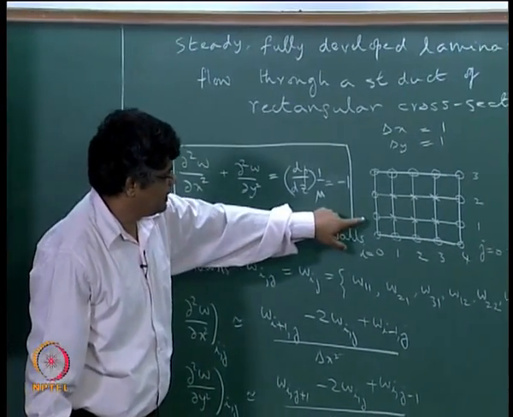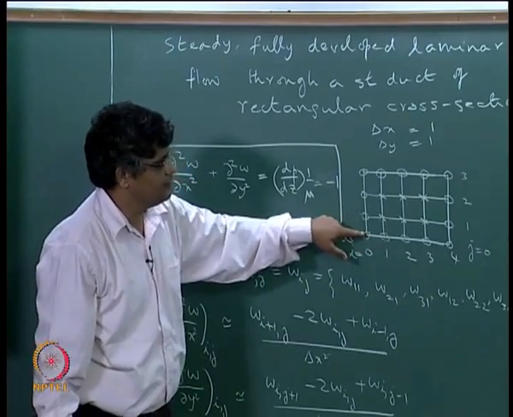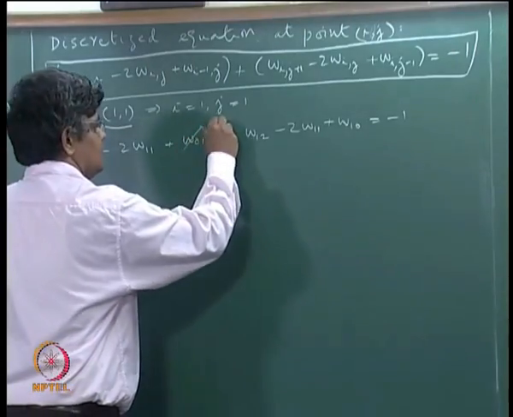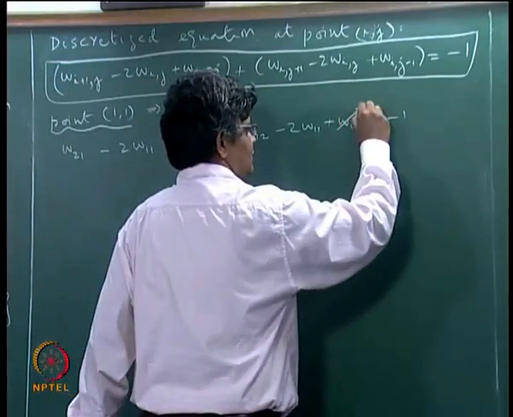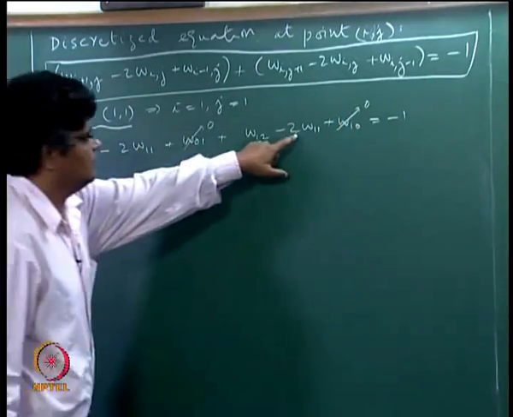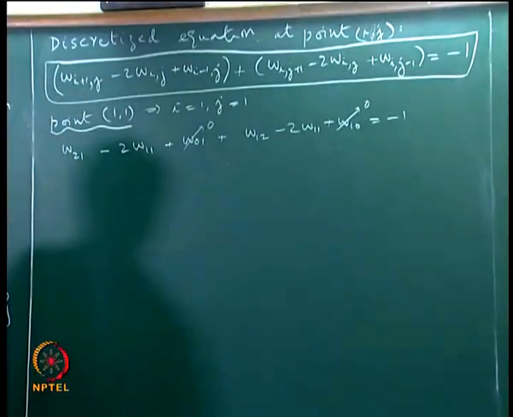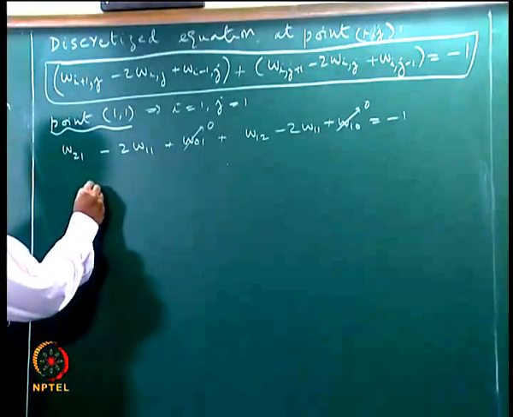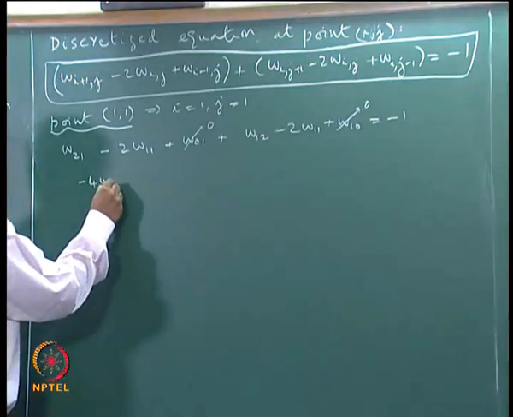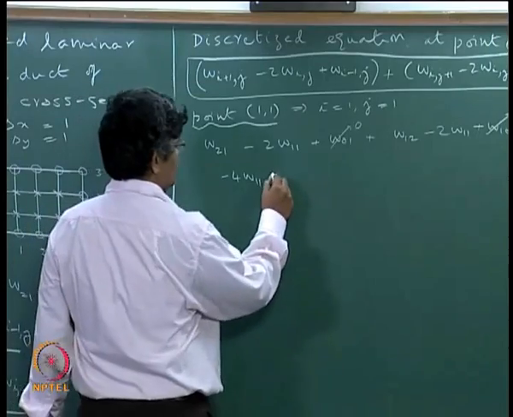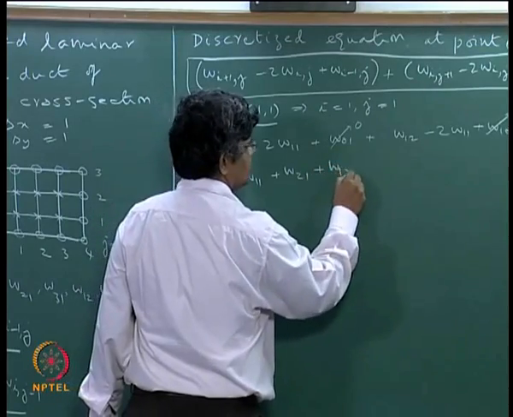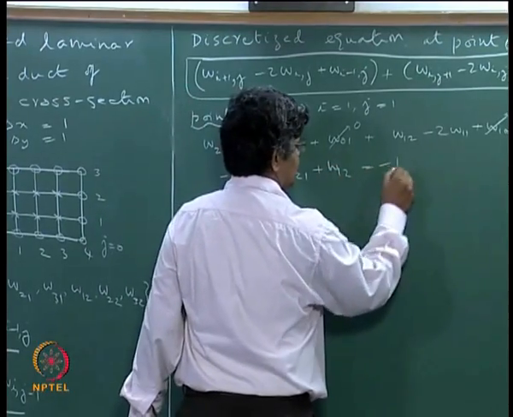So where we know the boundary value here, we can substitute this. So this is equal to 0 and this is equal to 0, and we have minus 4W11. So we can write this as minus 4W11 plus W21 plus W12 equal to minus 1.